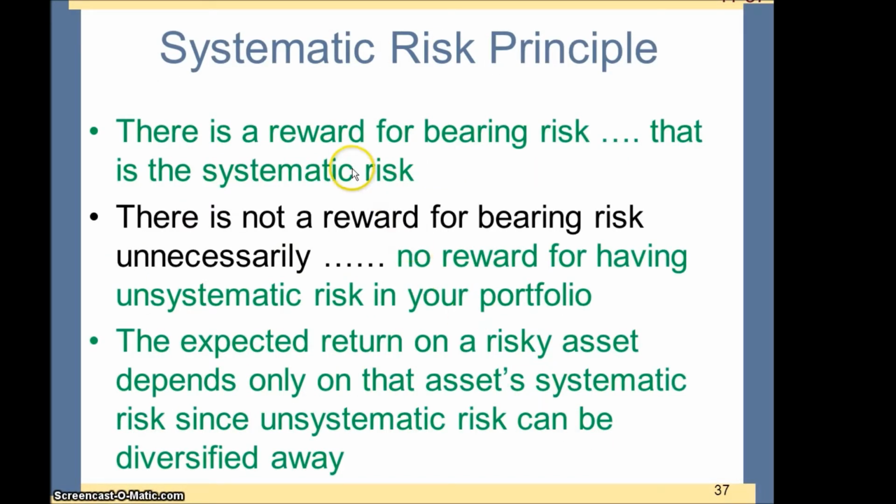Alright. Systematic risk principle, that is the undiversifiable risk principle. Undiversifiable risk means that you have nowhere to run from facing the risk, for example, market risk. So because of bearing market risk, you will be rewarded. Now, if you hold unsystematic risk in your portfolio, there's no reward. Why? Because unsystematic risk is diversifiable.